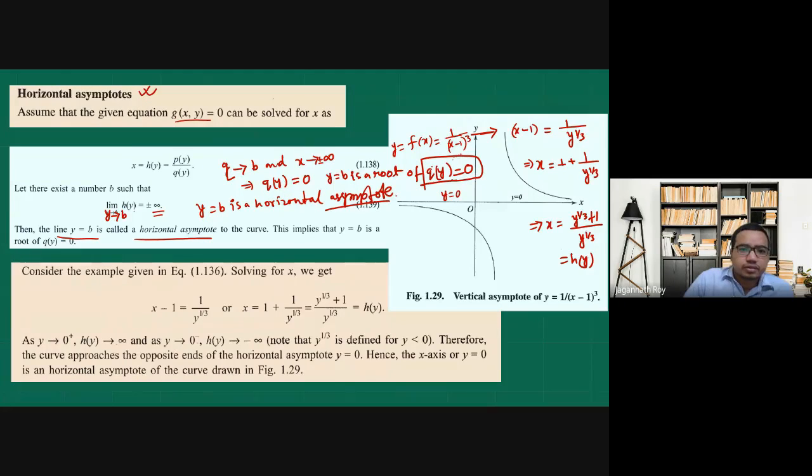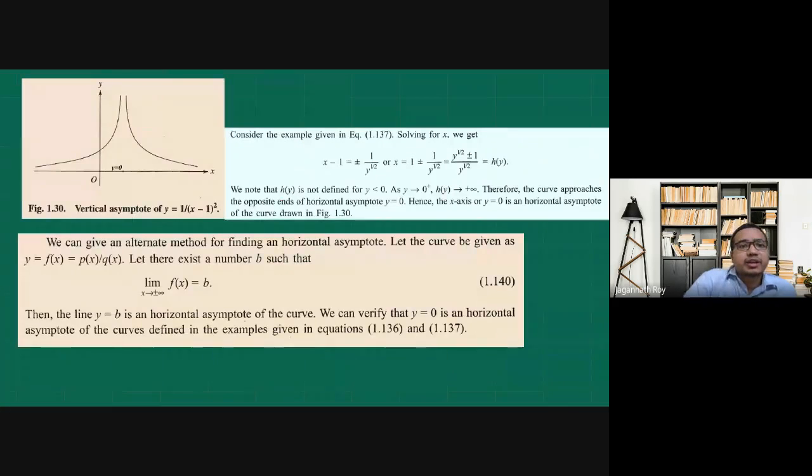So for this horizontal asymptote, we can also define it in that way. We can use this formula also. If we get any finite number b, such that for the given function y equals f of x by q of x, we let x tend to infinity.